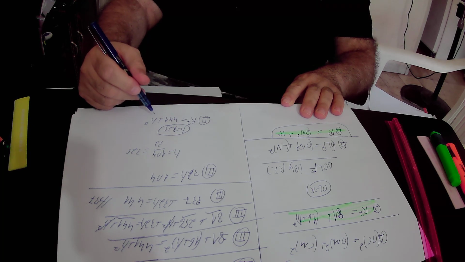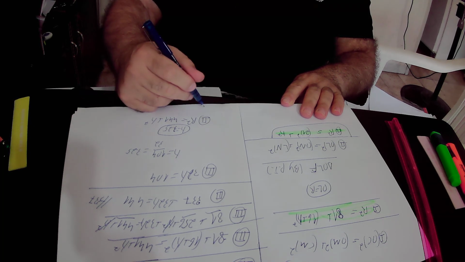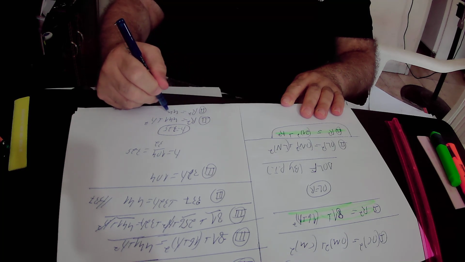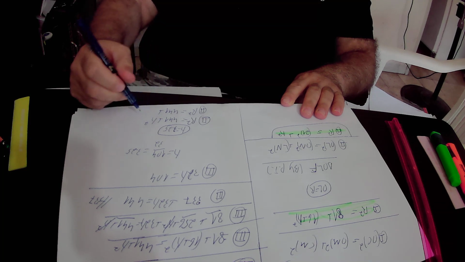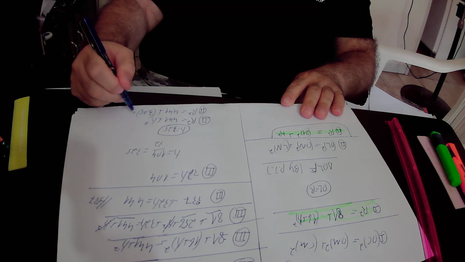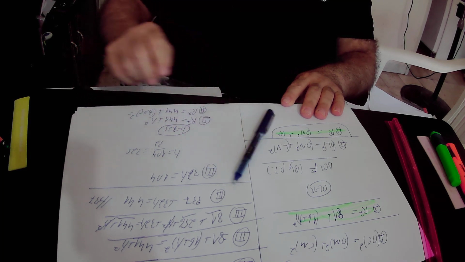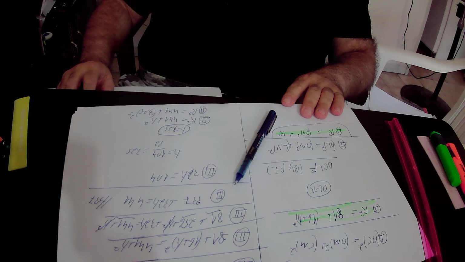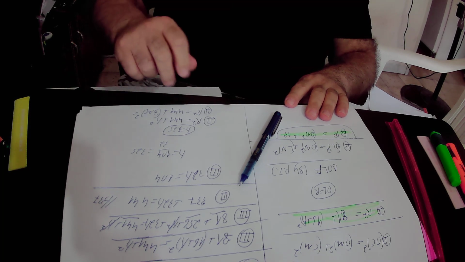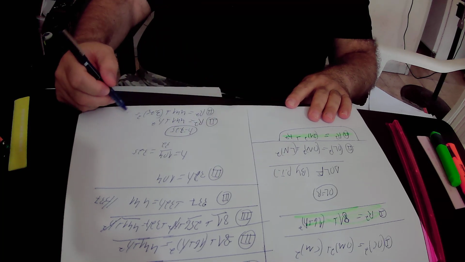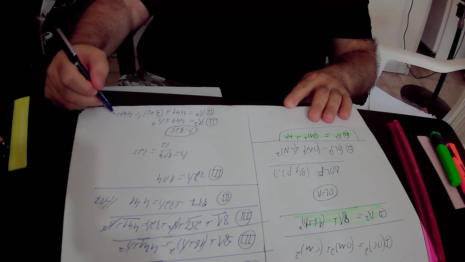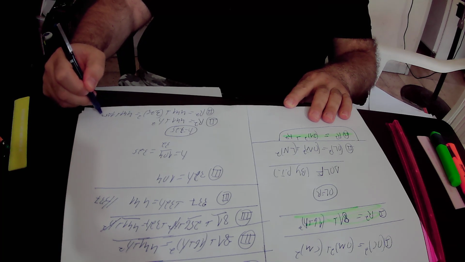So we substitute h by 3.25 and we get that r squared equals 441 plus 3.25 squared. So 3.25 squared equals 10.5625. So in total, r squared equals 441 plus 10.5625.